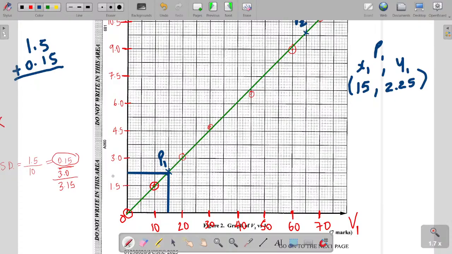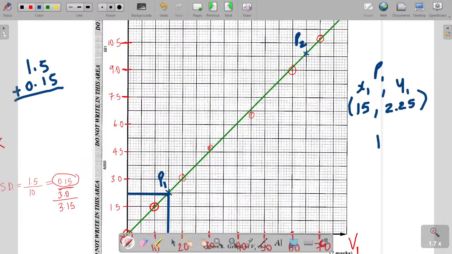So you need to add 0.15 5 times to get to the 2.25 mark. So we have our coordinates for the first point. Now we need our coordinates for the second point. The coordinates for the second point will represent our x2 and our y2.